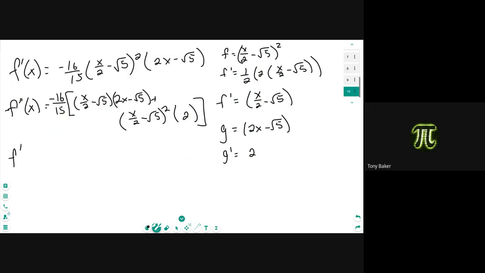So again, the same thing would hold true. I would clean up as much as I can. So I can take out an x over 2 minus the square root of 5. And what's left, I have 2x minus square root of 5 plus 2 times x over 2 minus the square root of 5.